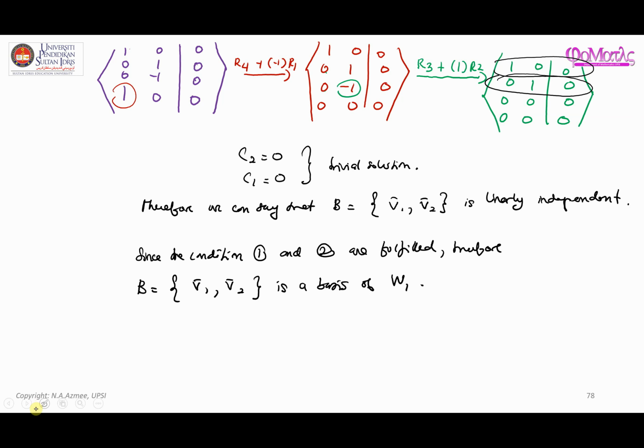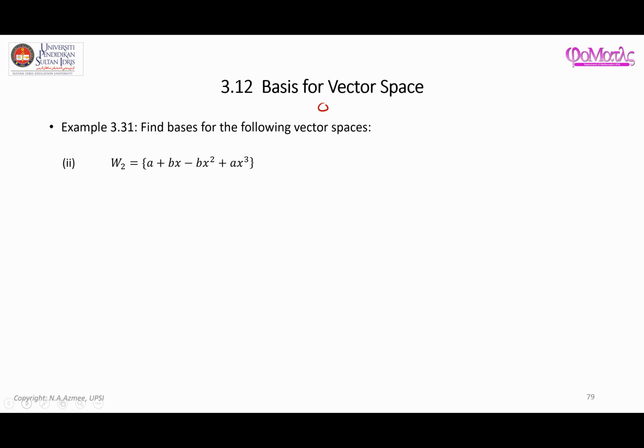Right, let's move on to the next example here, which asks you to find the basis for this vector space. So here is the vector space, and you can see that it is defined as polynomial of degree 3.